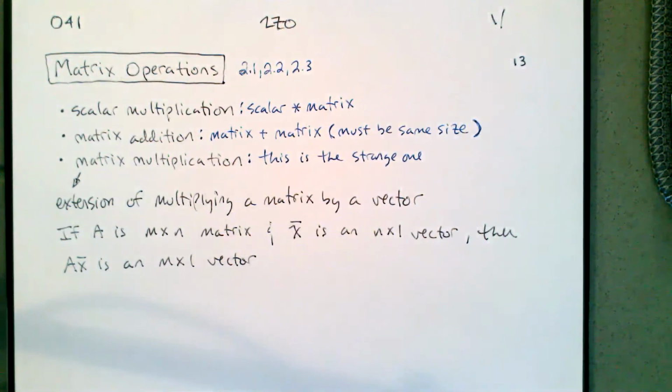And this M by 1 vector is a linear combination of the columns of A using the entries in X as weights.